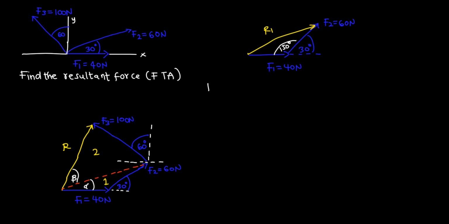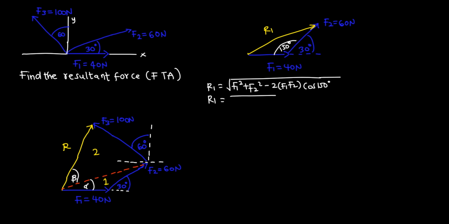R1 is equal to the square root of F1 squared plus F2 squared minus 2 F1 F2 cosine of 150 degrees. So this is what we have. Now let's substitute in our values.